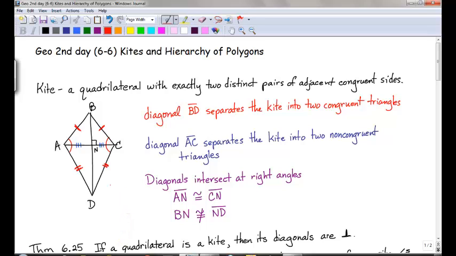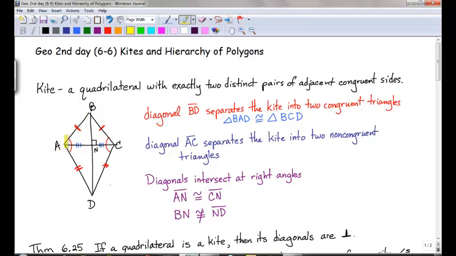And you might want to go ahead and label them. Triangle BAD is congruent to triangle BCD. And remember, when you label those, it ought to be in the right order. Those two triangles will be congruent. And then the diagonal AC, this diagonal coming through here, separates the kite into two non-congruent triangles.